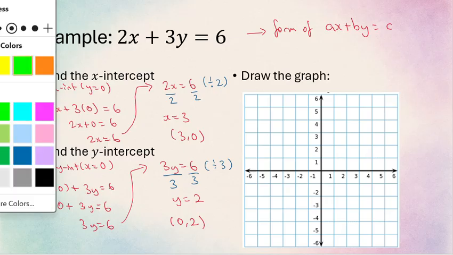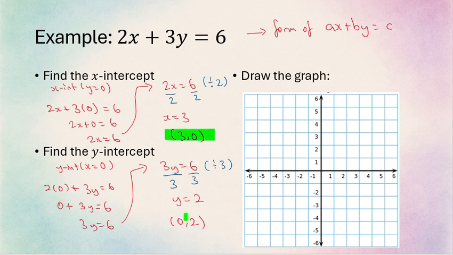Now that I have both coordinate points, I can now just plot these two. So find where (3, 0) is on my graph when I draw it. So right there. So that's (3, 0). And then (0, 2), which is right here. (0, 2).